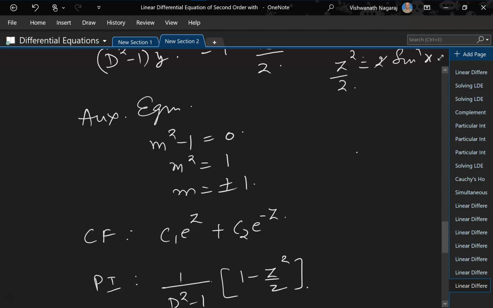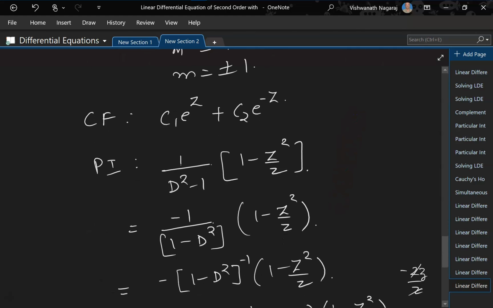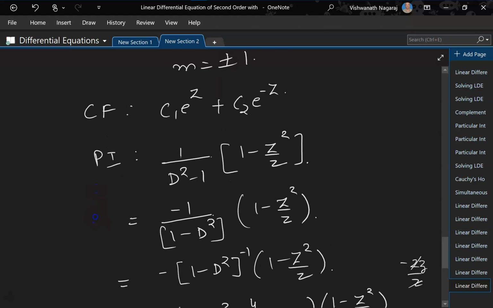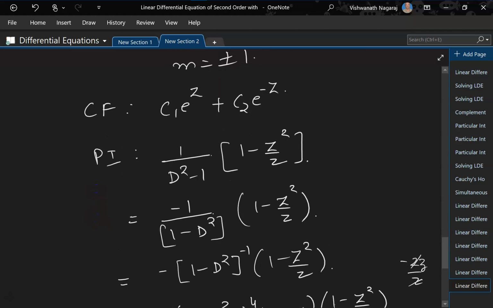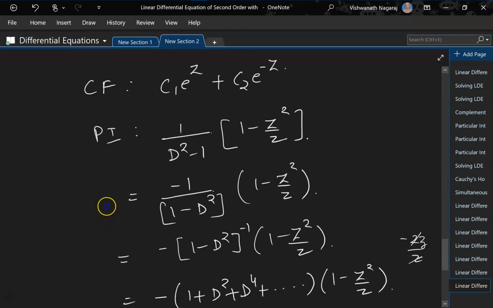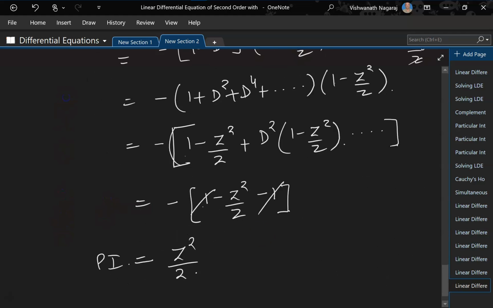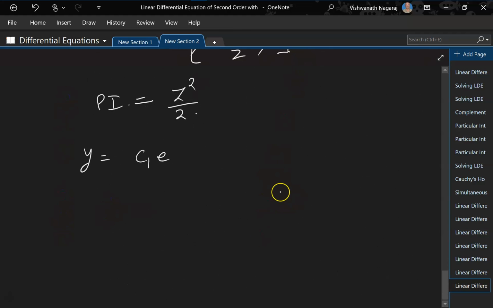See, when you're just doing it in the flow, because you're so used to writing x, x, x, x, be careful, especially when we are doing this method and similar kinds of methods where you do substitutions. Okay, so this becomes e to the power of z plus c2 e to the power of minus z and then plus z square by 2.